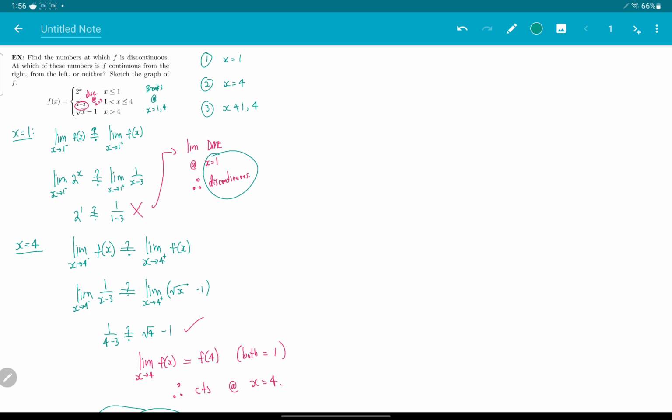Now, we're asked further to see, at x equals 1 and x equals 3, whether we have continuity from the left or from the right. So let's do that.